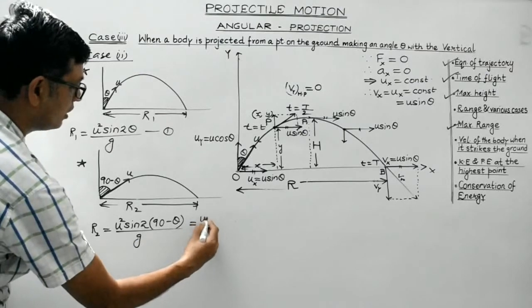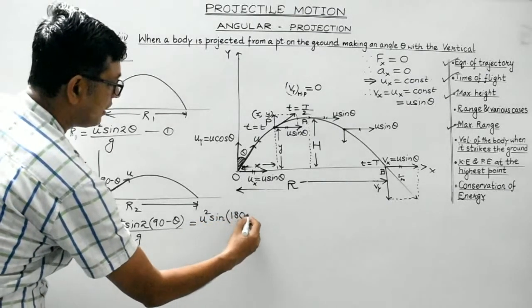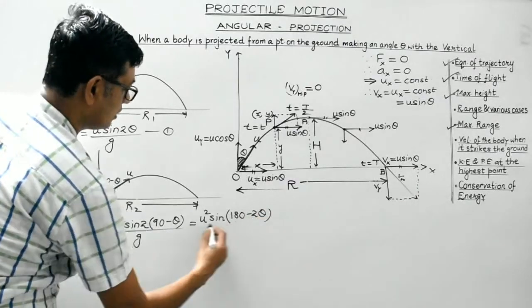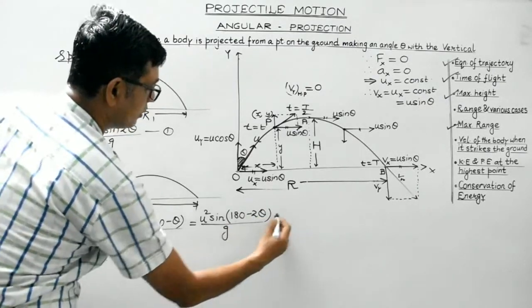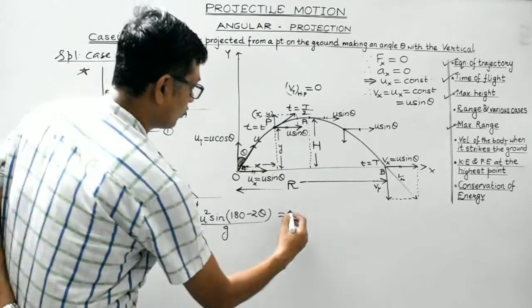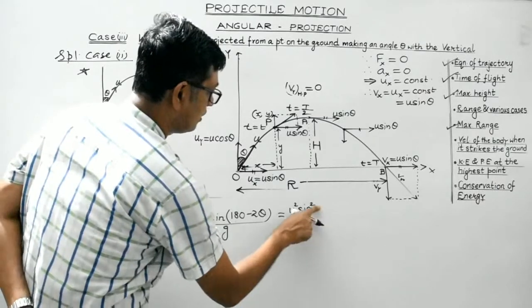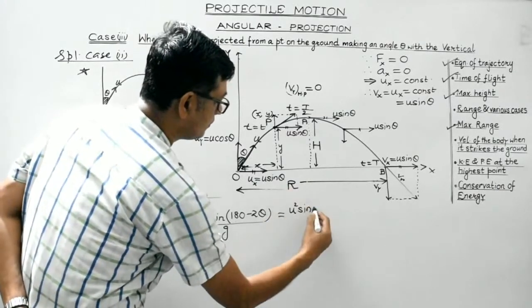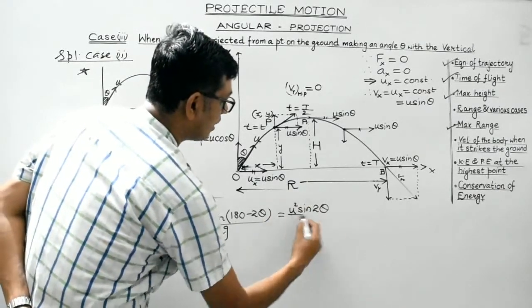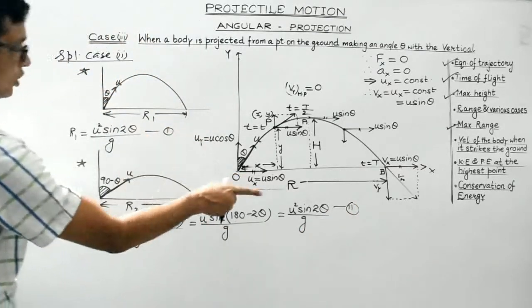So let's solve it. U square sine 180 minus 2 theta divided by g. Sine 180 minus 2 theta is sine 2 theta. So what we get is u square sine 2 theta divided by g.